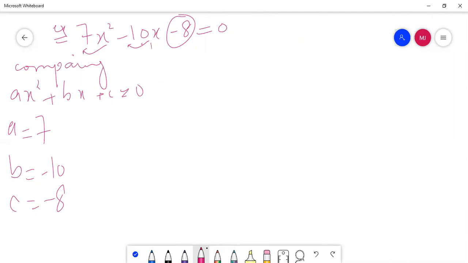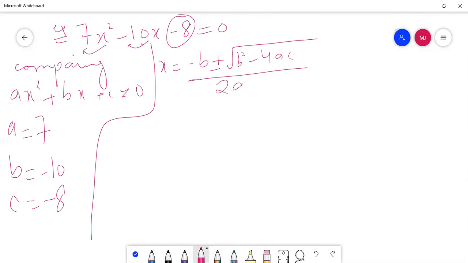So now just apply the quadratic formula. x is equal to minus b plus minus square root b square minus 4ac upon 2a. x is equal to minus b. B is what?